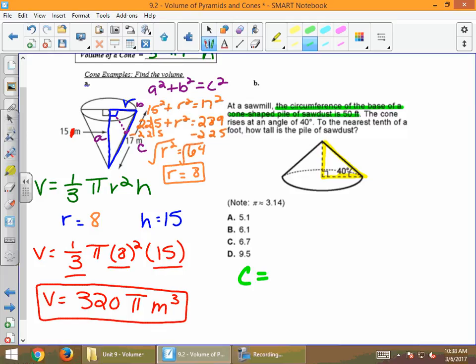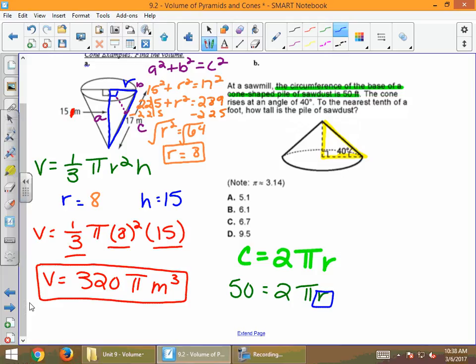So circumference is equal to 2 pi r. And we know the circumference is 50, so we can plug 50 in for c and solve for r. To get r all alone on that side, what do we have to do with 2 pi? Divide both sides by 2 pi.